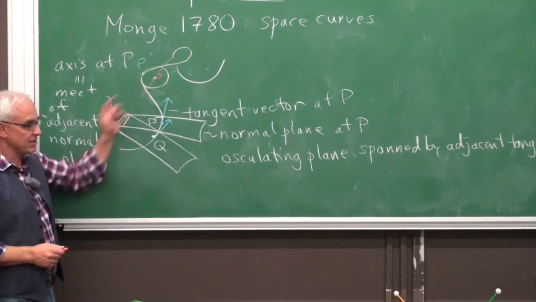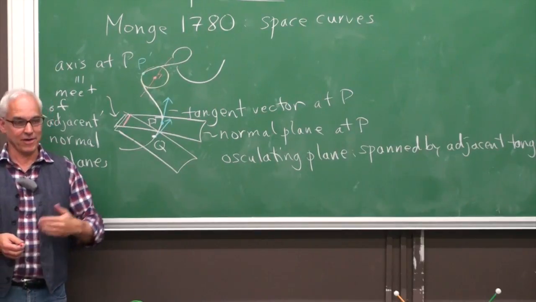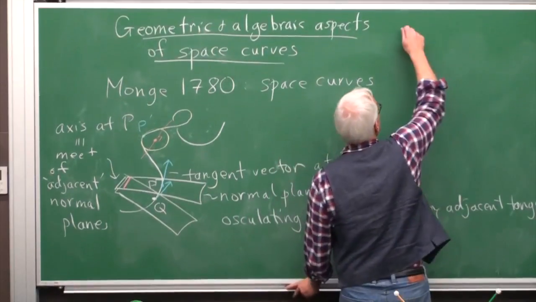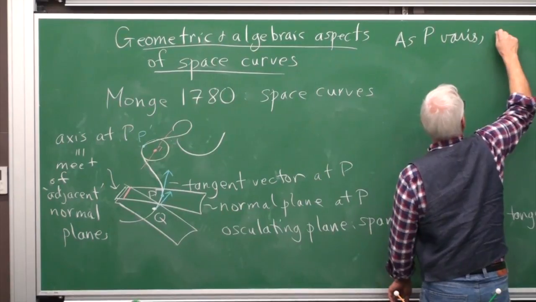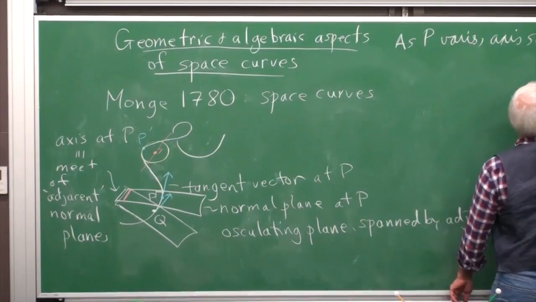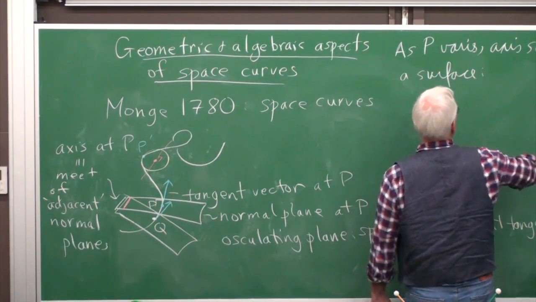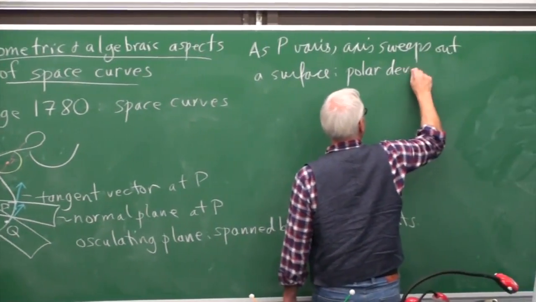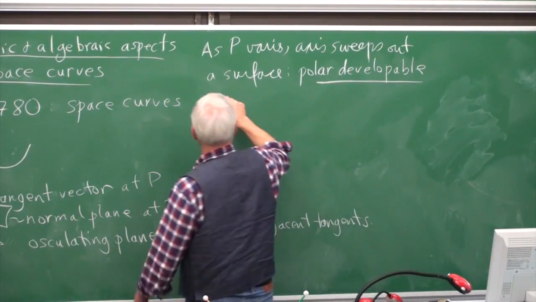So as P varies, the axis turns out to sweep out a surface, which is called a polar developable of the original curve.